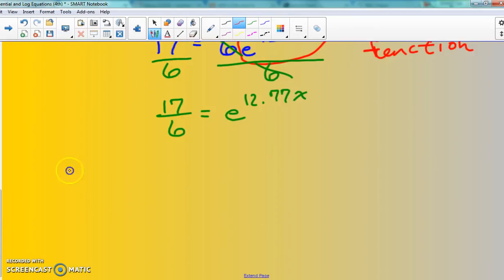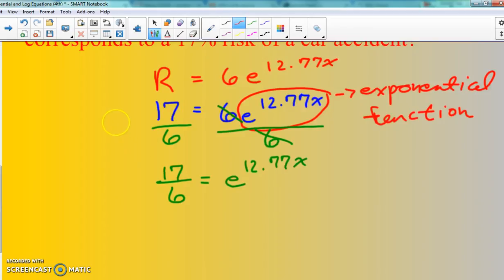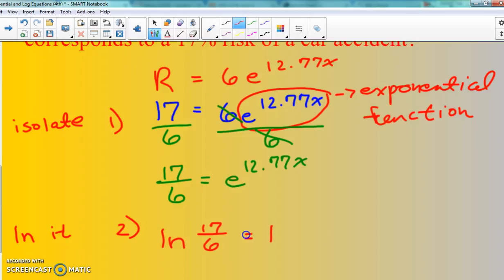All right, so at this point, let's go ahead and take the natural log of both sides. So this is our step 1, to isolate. Step 2 is to natural log it, so we do natural log of both sides here. And what do we know about natural logging E?